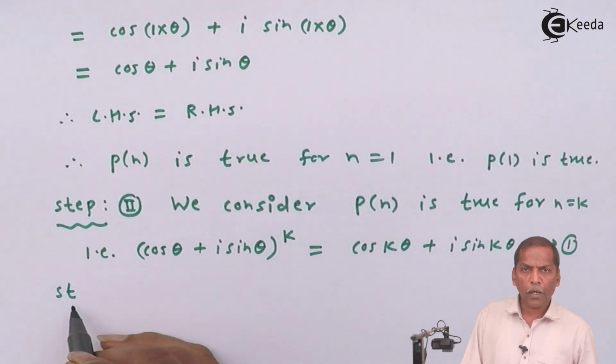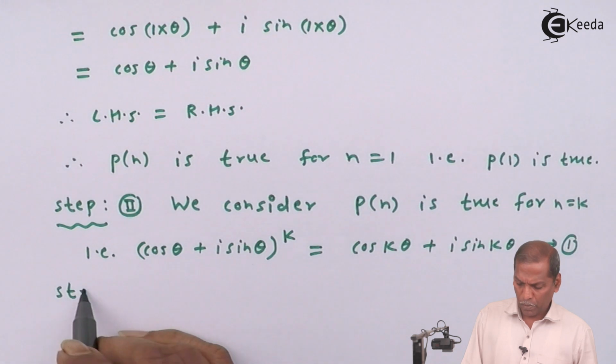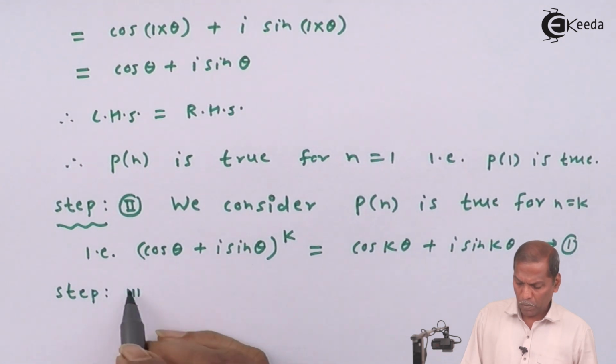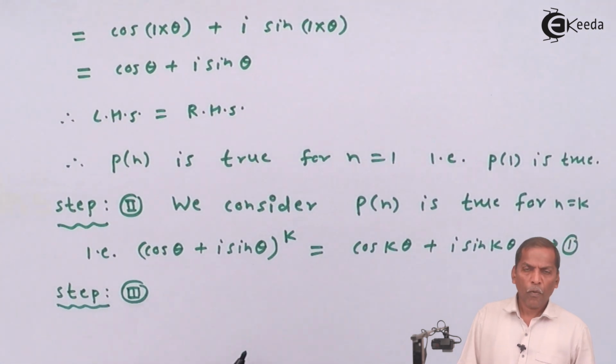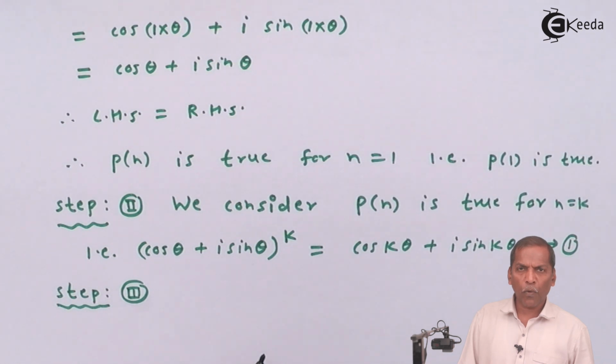Now we consider step number 3. Finally, we have to prove that P(n) is true for n equal to k plus 1.